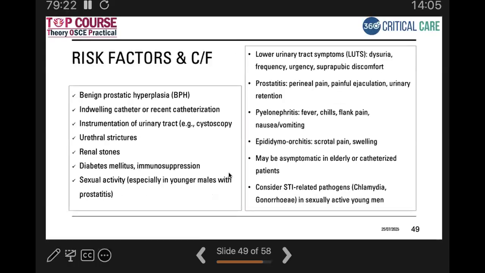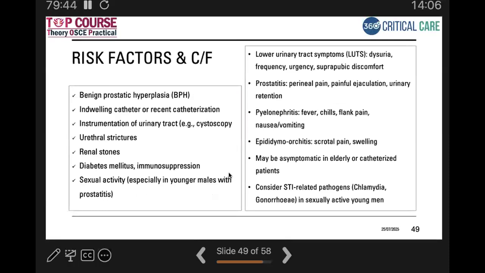Okay. So what are the risk factors in men to have UTI or a complicated UTI? Men tend to have benign prostatic hyperplasia in the elderly ages, where this population forms a major population for UTI, and the presence of an indwelling catheter or a recent catheterization could be an important risk factor.